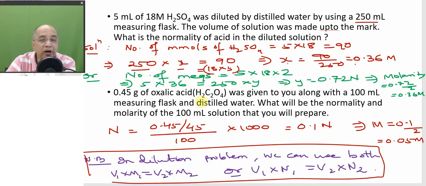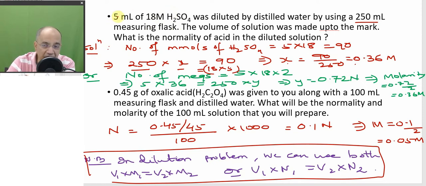Or you can do it by milliequivalents. Now 250 into y, the normality of the resulting solution, is equal to the number of milliequivalents. The molarity is 18 M, the n factor is 2, so the normality is 18 into 2, 36.